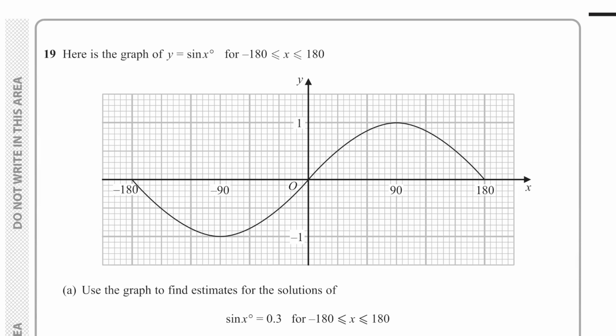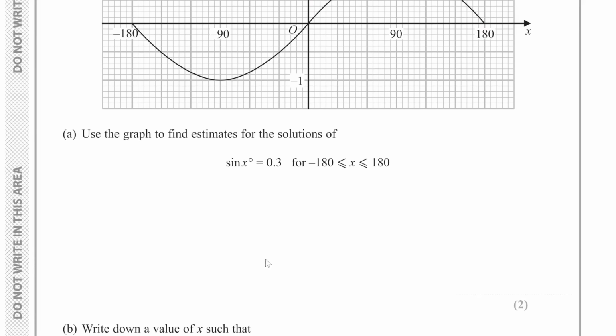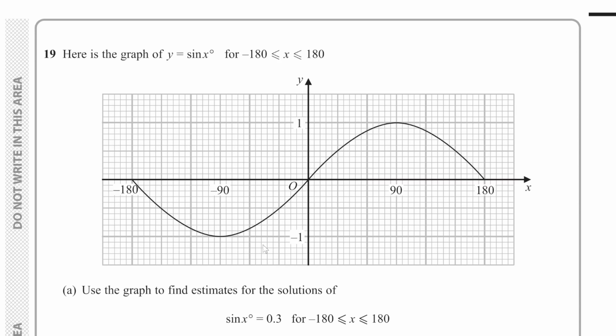Here is the graph of y equals sine x for -180 to 180 degrees. Use the graph to find estimates for the solutions of sine x equals 0.3 for -180 to 180. So where is sine x equal to 0.3?